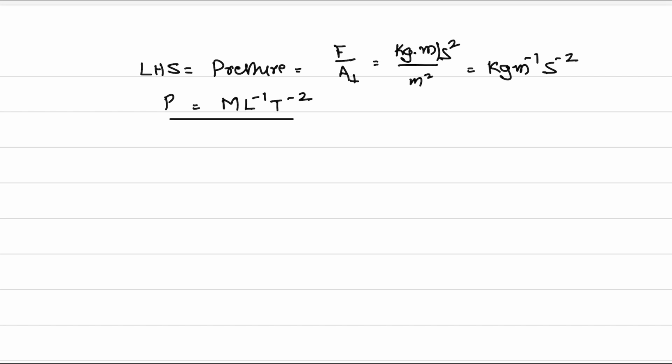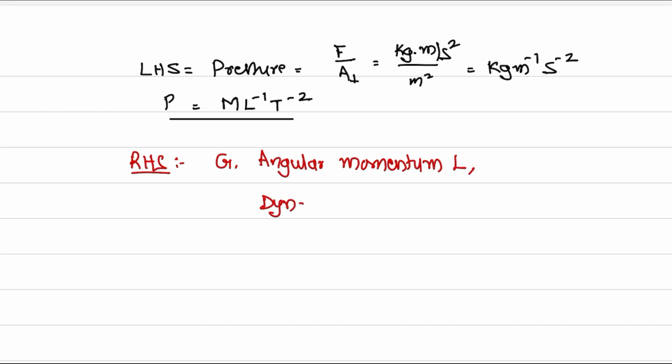This should be equal to the right hand side. That is the law of dimensionality. Now, let us analyze the right hand side. Right hand side has 3 parameters: universal gravitational constant G, angular momentum L, and dynamic viscosity mu.